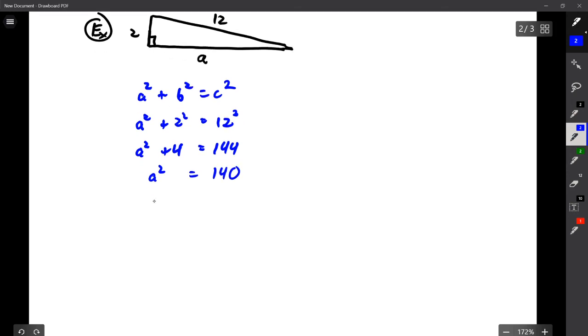Now we need to take the square root of both sides. So I'm going to say A equals the square root of 140. Again, you don't have to put the plus or minus, but in almost every other circumstance, you would have to put plus or minus there.